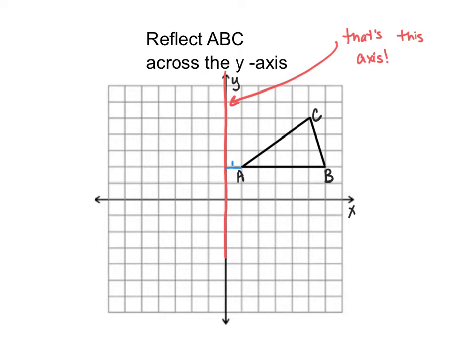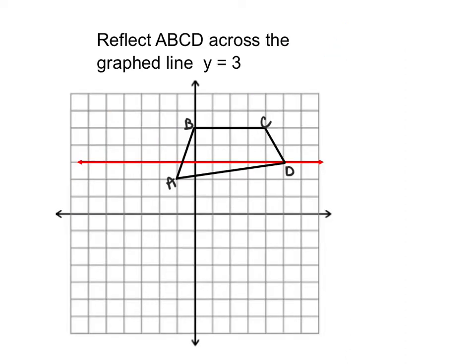So I see that A is 1 point to the right of the y-axis, so A prime is going to be 1 unit to the left. I'm going to measure the distance from the axis for B and put B prime at that same corresponding distance. And then I will repeat again with C and C prime. When I'm done, I'm going to make sure that I have them labeled A prime, B prime, C prime, and I have my image of my figure drawn.